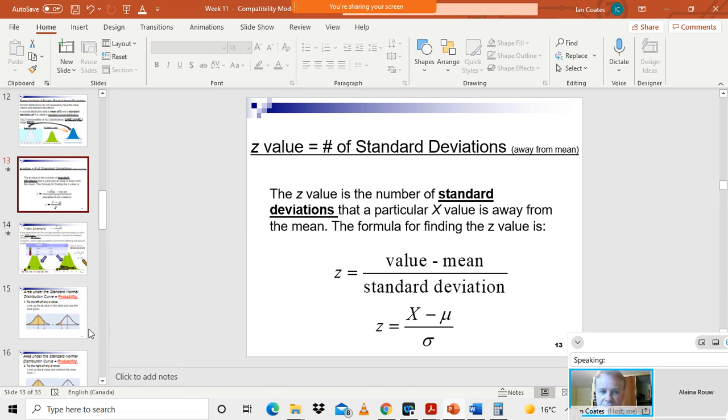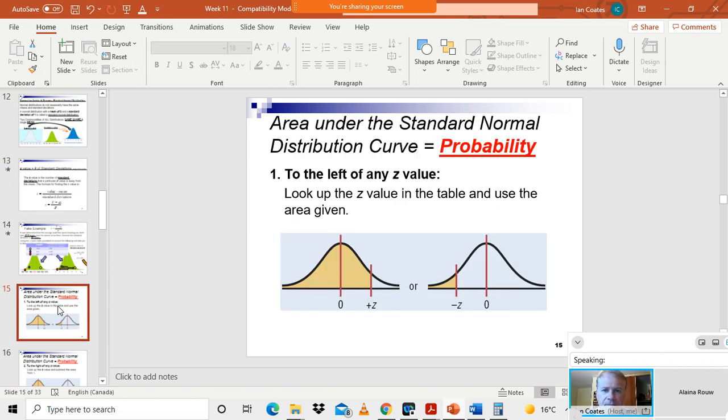Okay, so that's where we're at. So here, what I'll do is I'll give you the Z value, and here I'll be looking for the probability of choosing somebody or an orange or whatever you're looking at from in here. Or I could ask you the probability of choosing an apple from in here.